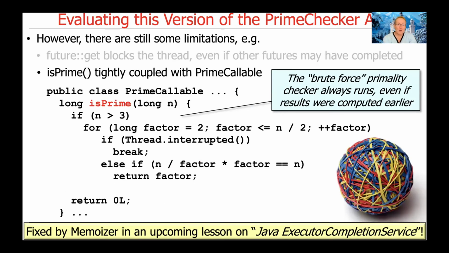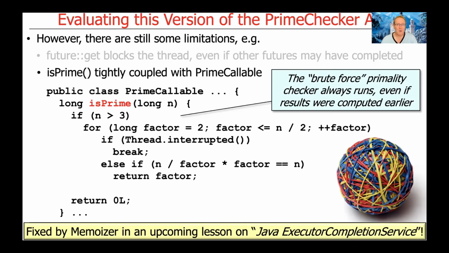Another problem here, which we also had with the original implementation of Executor for the PrimeChecker app, is that isPrime is tightly coupled with PrimeCallable. And so if you want to make any changes, you have to go in and extend PrimeCallable or modify the code. And the particular approach we use here was intentionally designed to be inefficient. It's a brute force approach, but it would be hard to add a new algorithm without making changes to PrimeCallable.